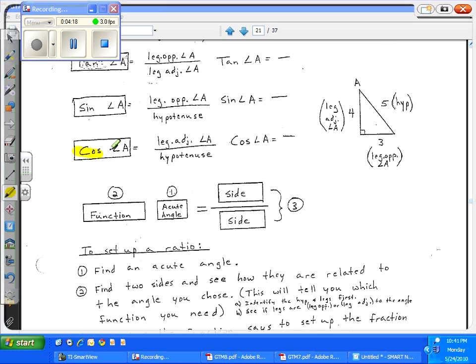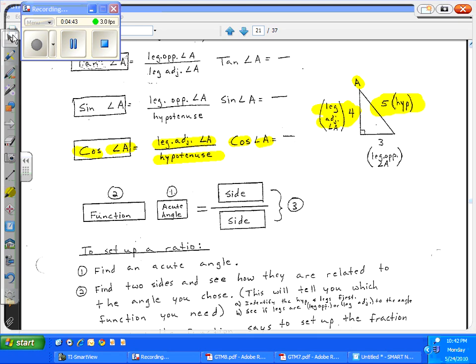The cosine of an angle like A is equal to the length of the leg adjacent to angle A over the length of the hypotenuse. So the cosine of angle A is leg adjacent 4 over hypotenuse 5.